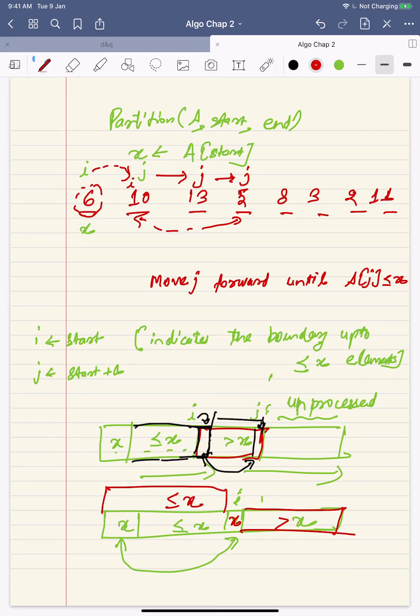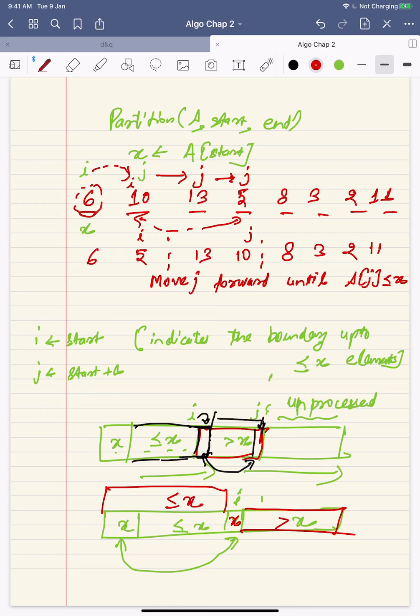So now this value will be 6 and 5, I is here, then 13 and 10, j is here. So you see up to I, values are less than equal to x, and after I up to j, values are greater than x, and then there is unprocessed part.